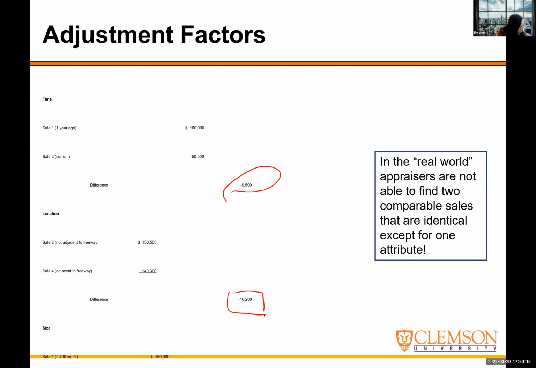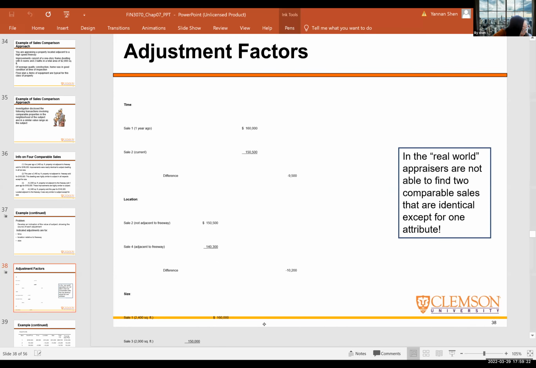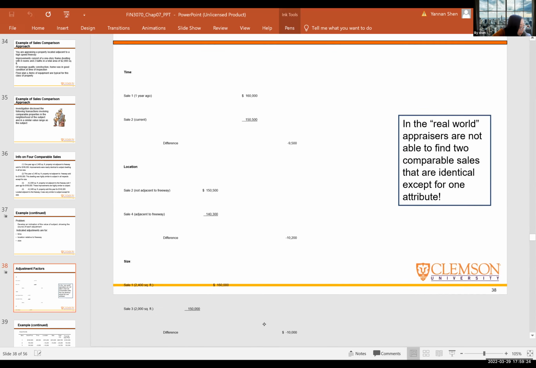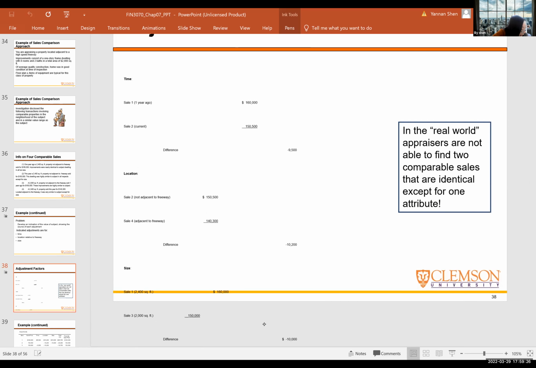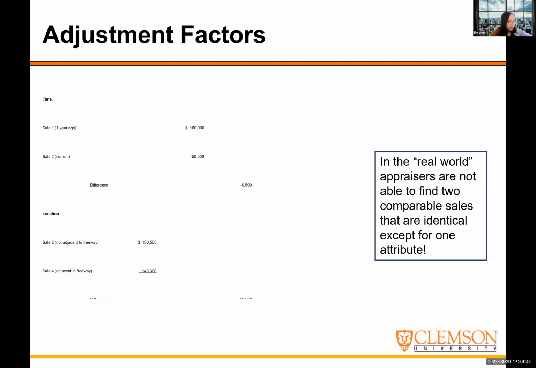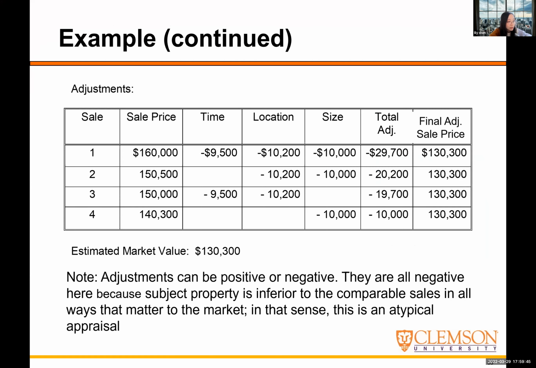And based on comparables 1 and 3, we know that having 400 square feet less leads to a $10,000 discount based on the square footage value in your market. Okay, we have to make the adjustment.